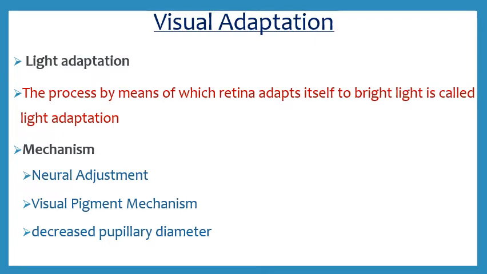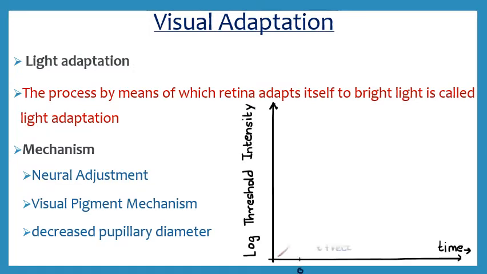What is meant by neural adjustment? Even before you enter a brightly lit room, your cortex will be able to anticipate that the light entry is going to be high and there will not be sufficient pigment for you to see the objects clearly. That is the anticipatory effect which occurs even before you enter the room.